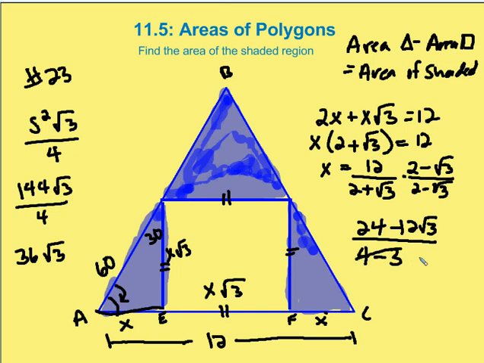Or this is equal to 1. So we're left, in fact, with a value for x as 24 minus 12 root 3.